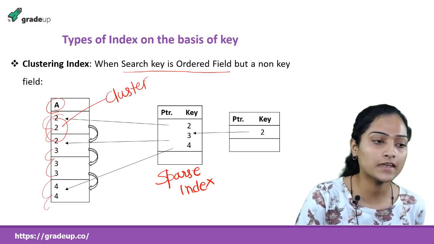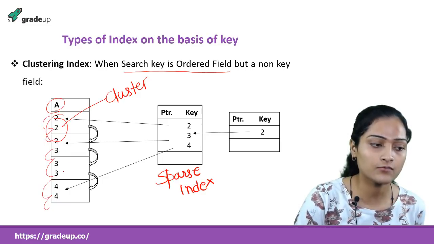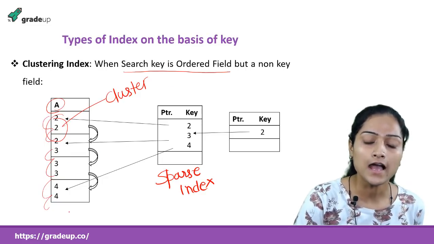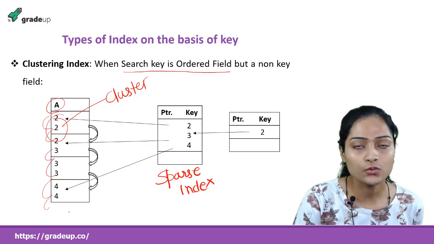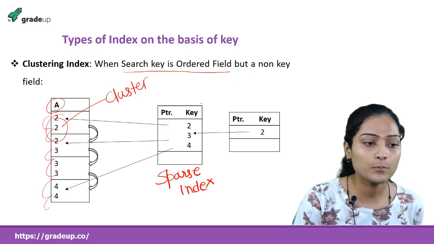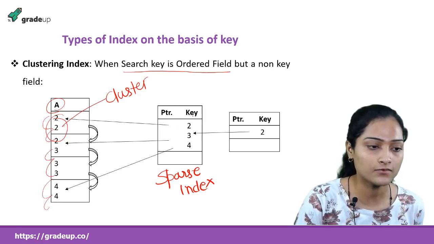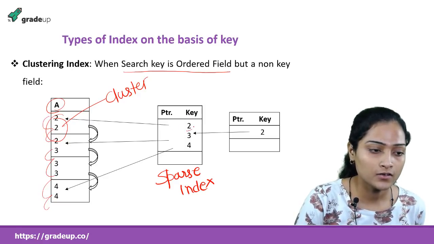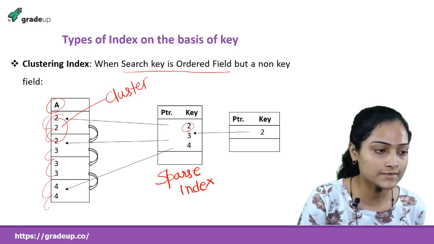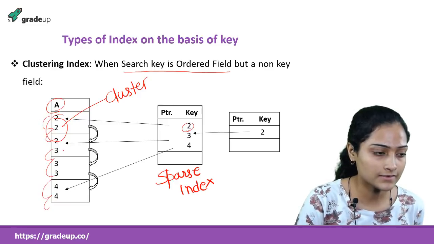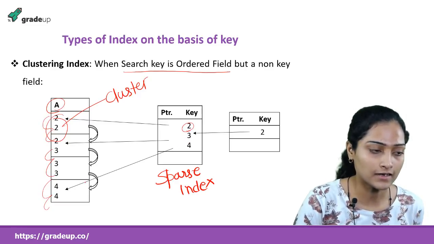That is, 2 is representing one cluster, 3 is representing one cluster and 4 is representing another cluster. How are you going to build your index? You will maintain a pointer for each and every cluster, that is, the starting of each cluster. Here you will maintain a pointer for the start of 2, 3 and 4.